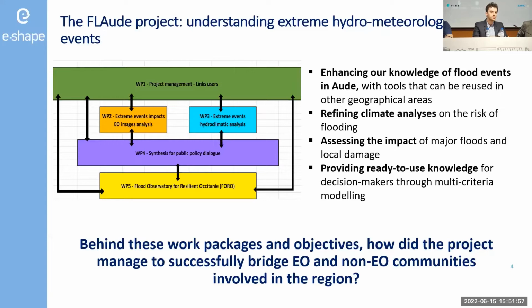Globally, the objectives of the project are to enhance our knowledge of those hydrometeorological phenomena in Occitanie, to have a better understanding of the impacts of such phenomena in the local area, in urban and rural areas, but also to provide ready-to-use operational data for the local authorities so that they can correctly react and anticipate those floods.